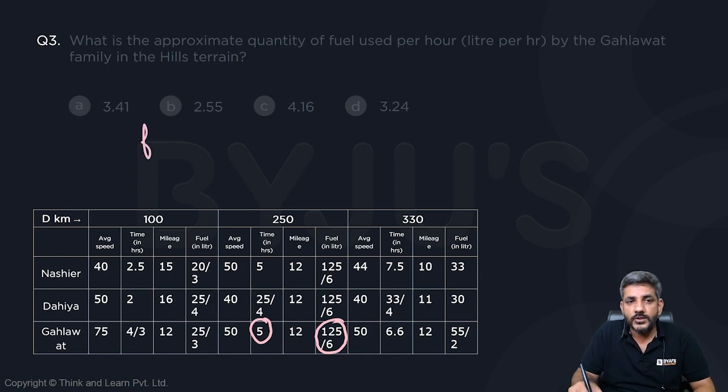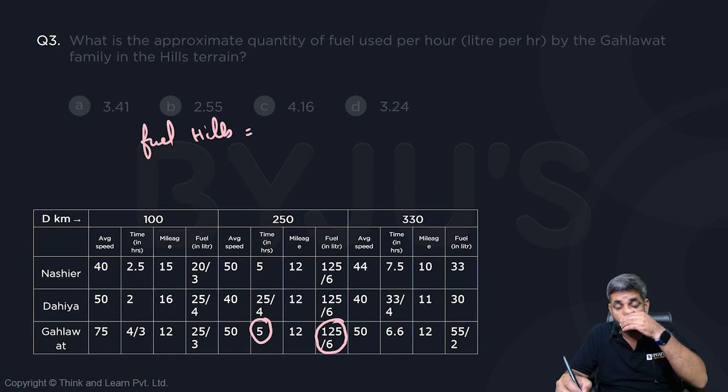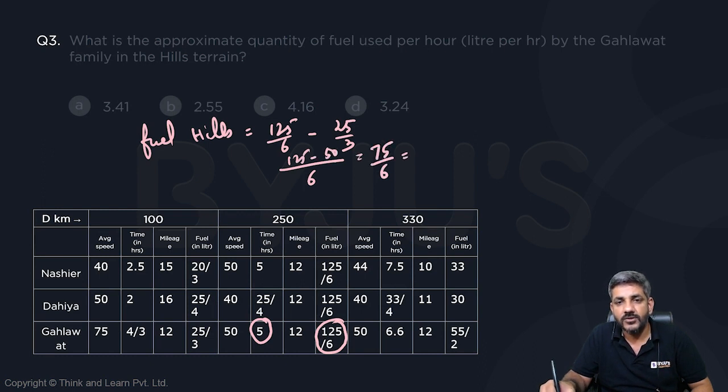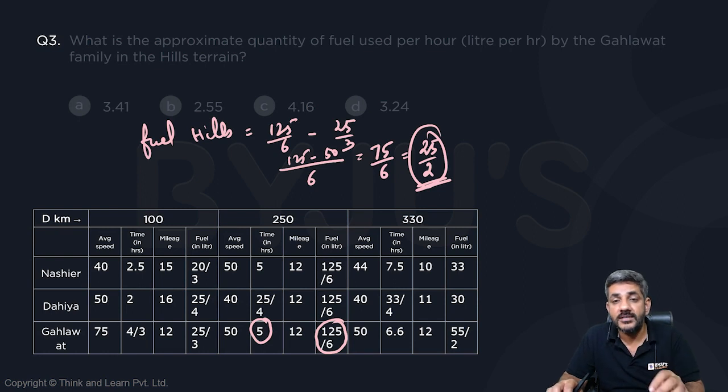So the fuel consumed only for the hills terrain is the fuel consumed for the first 250 minus that of plains. So 125 by 6 minus that of plains, which is 25 by 3. If I take the LCM as 6, this comes out to be 125 minus 50, which is 75 divided by 6, or canceling by 3, it is 25 by 2. 25 by 2 liters is the fuel consumed by them.